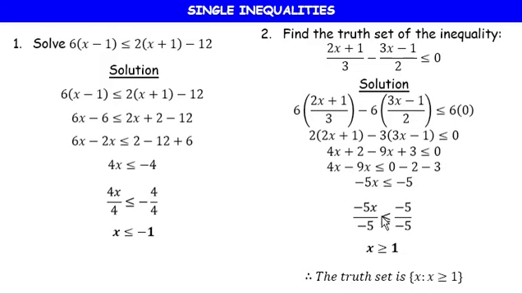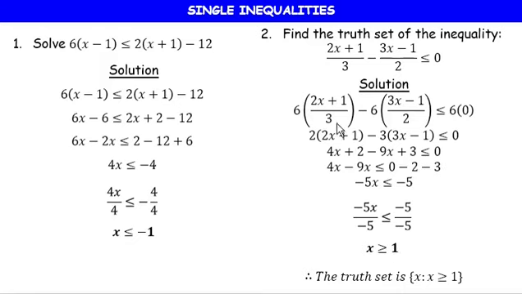So here, because it was less than or equal to, the moment we divide through by the negative coefficient, it becomes greater than or equal to. Negative 5 over negative 5 gives us positive 1. So our final answer becomes x is greater than or equal to positive 1.